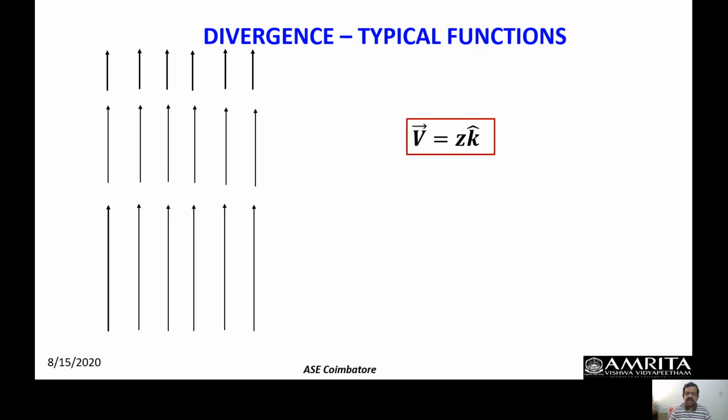So here is another function. In this case, I have purposefully selected a vector function in such a manner that the lengths of these arrows as a function of spatial coordinate are not the same, which means this vector function has a change in magnitude at different points in space.